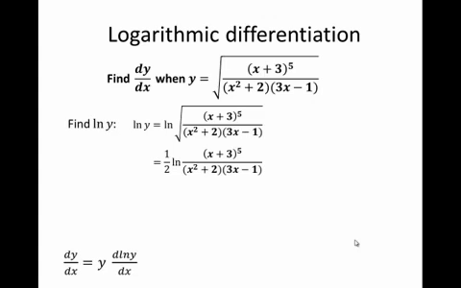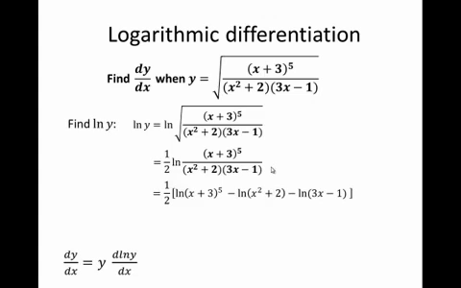Now if you look at what we have inside the logarithm, I can see a ratio here. And I can also see a product if you look at the denominator. So we can write this as a half times ln of the numerator minus ln of the first factor in the denominator minus ln of the second factor in the denominator.